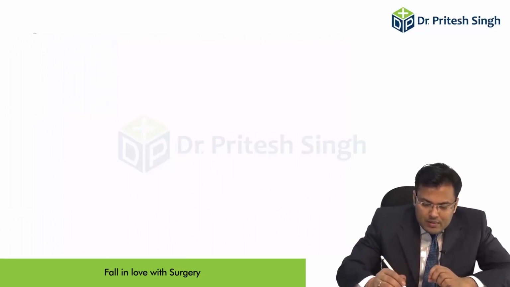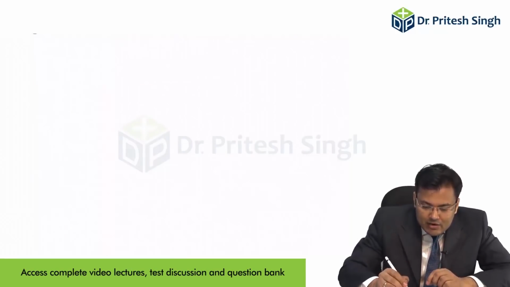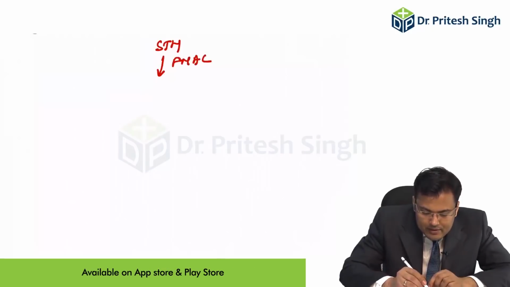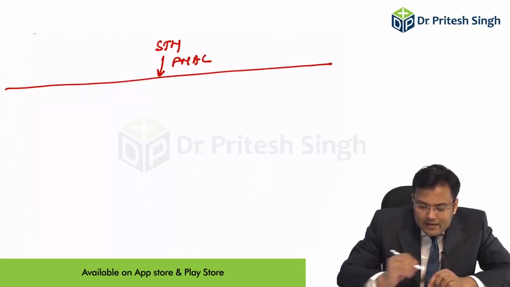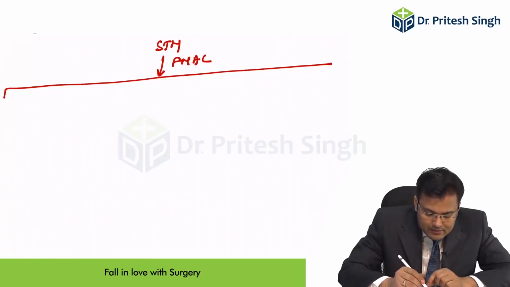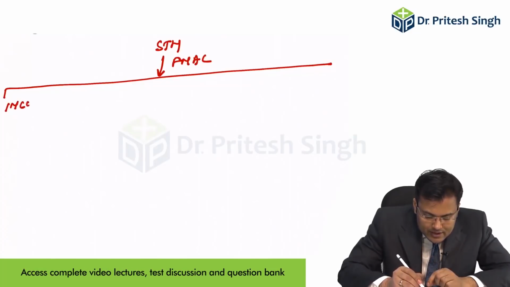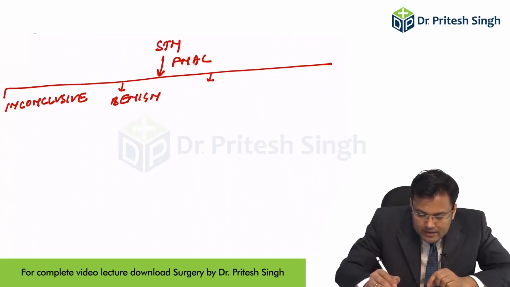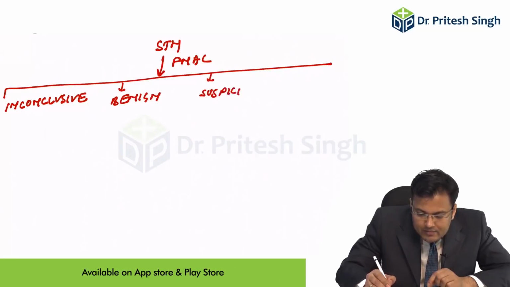So have a look. Management of solitary thyroid nodule. The investigation of choice for diagnosis is FNAC. After FNAC, there are 4 possibilities. First, it is inconclusive. Second, it is benign. Third, it is suspicious.